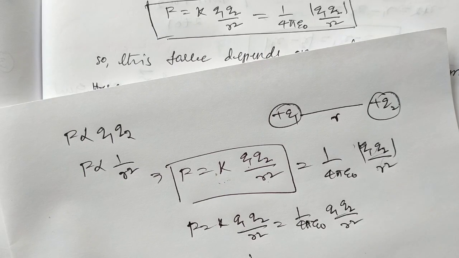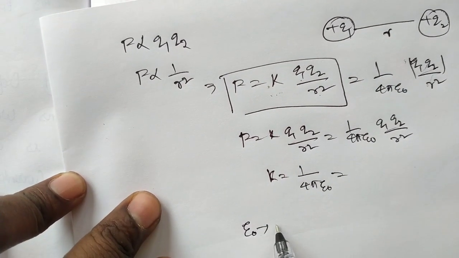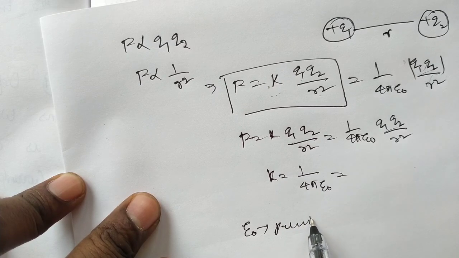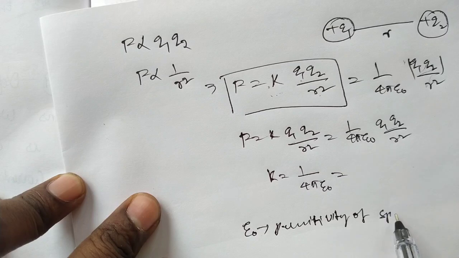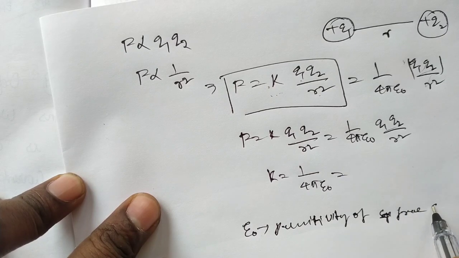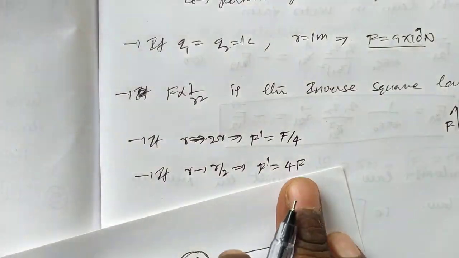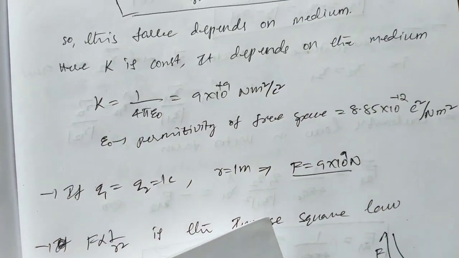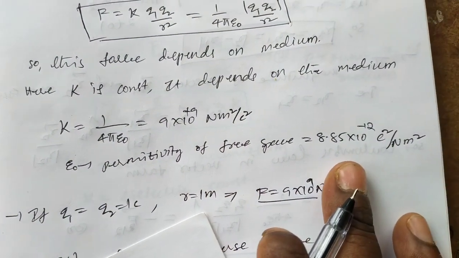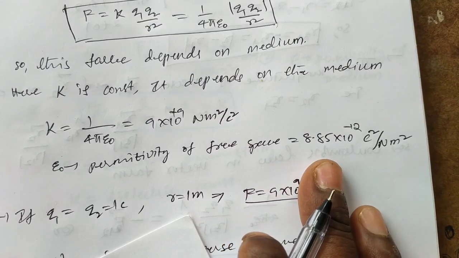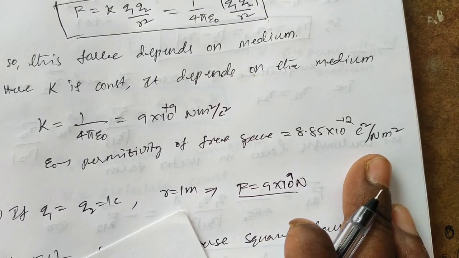Epsilon naught is the permittivity of free space, which is a constant, 8.85 into 10 to the power of minus 11 Coulomb square per Newton meter square.